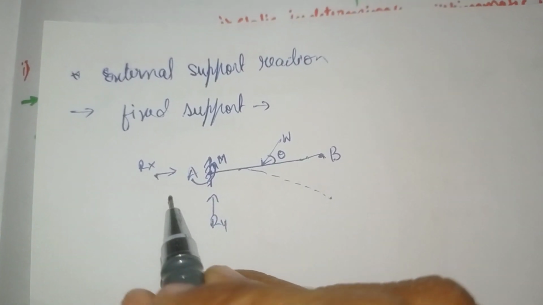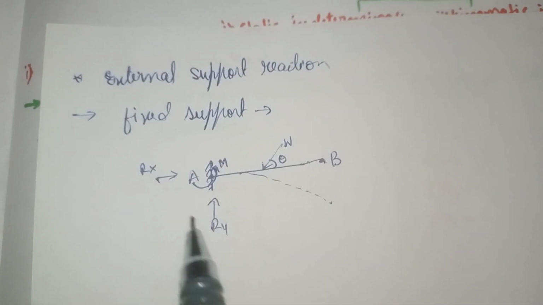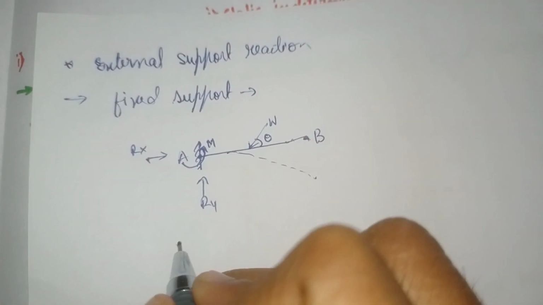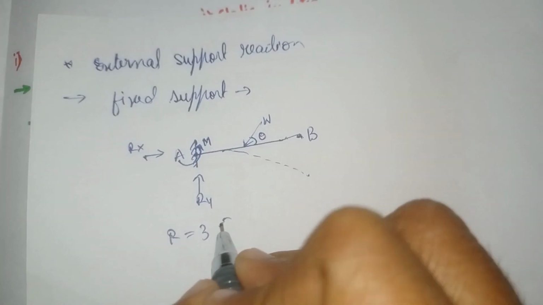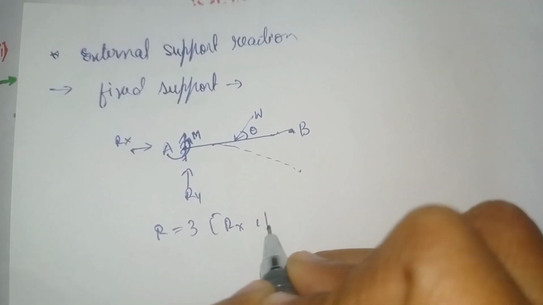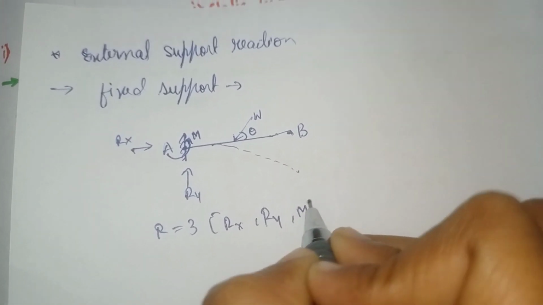Rx is the horizontal force, Ry the vertical force, and one moment: 2 reactions and 1 moment. So the total number of reactions is 3, that is Rx, Ry and one moment.